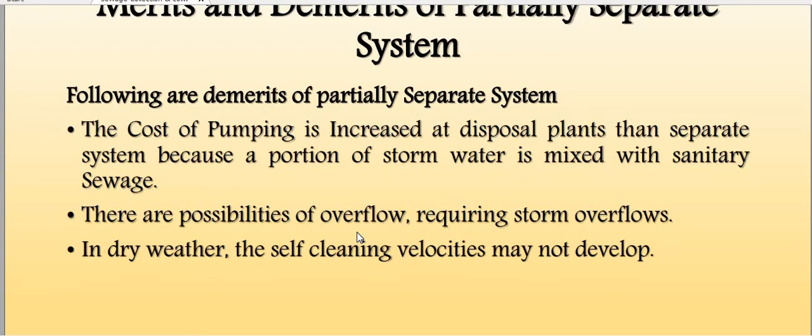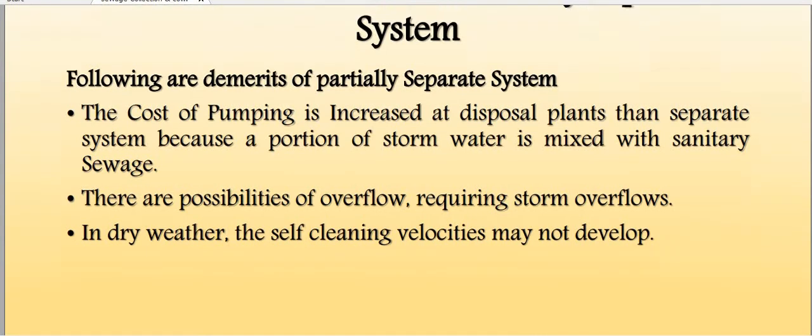In dry weather flow, the self cleansing velocity may not develop, and again the same condition will exist in the absence of the rainy season. Then how to dispose of the waste on its own using the self cleansing velocity?